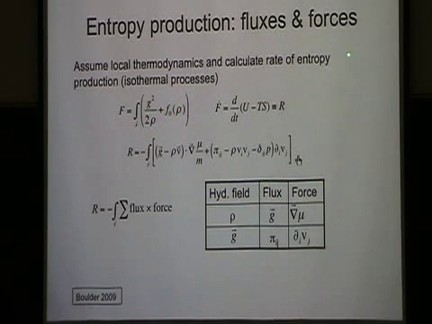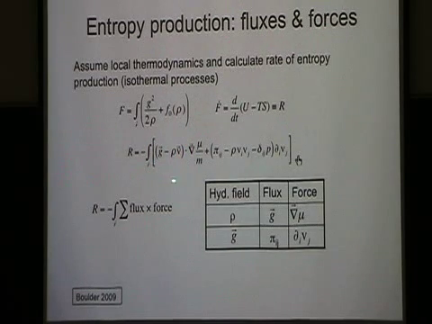I can calculate the rate of change in time, which I call the entropy flux. I will do that by taking time derivatives in here, and then inserting the conservation law and using the local thermodynamics, assuming the second law of thermodynamics essentially.